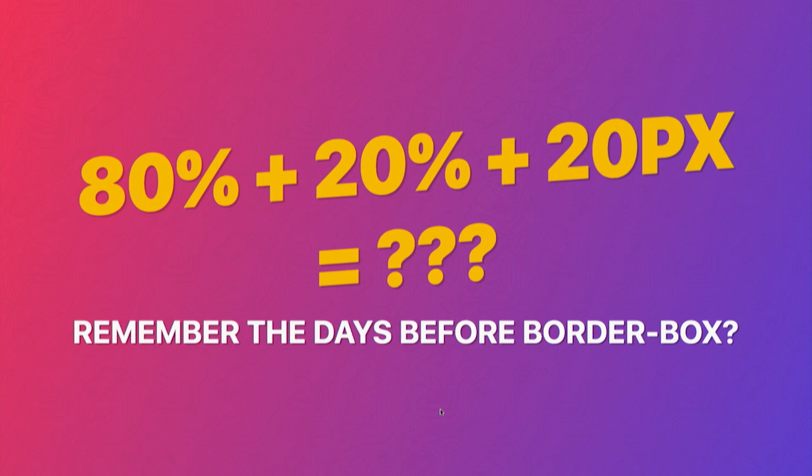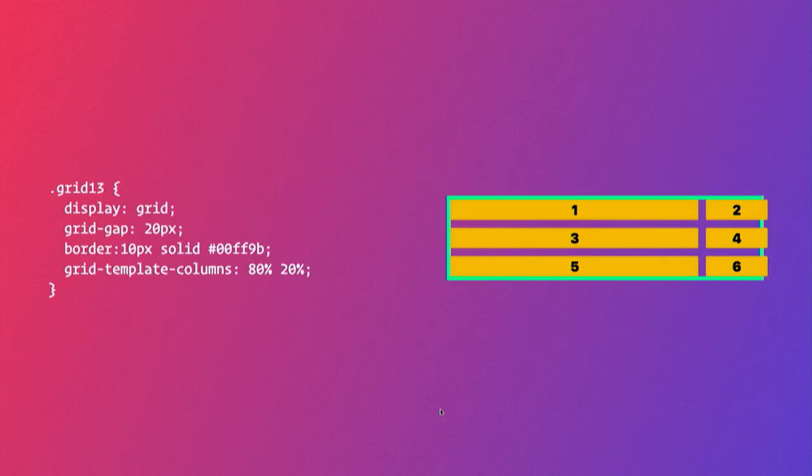So that same problem comes along with grid, where if you have an 80% column and a 20% column and a grid gap, I always like to think of it as budget. You got $100 to spend, 100% to spend. I'm going to put $80 down here and $20 down here, and oh shoot, I forgot about the tax, which is the 20 pixels that needs to go in between. And before you know it, you've blown your budget and you're overflowing your grid over top of it, right?